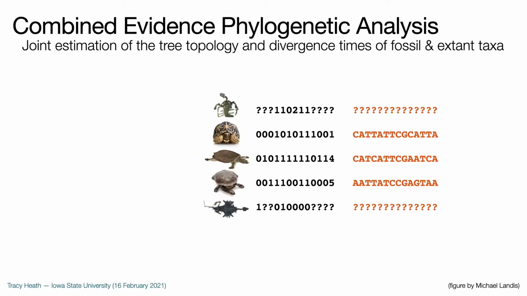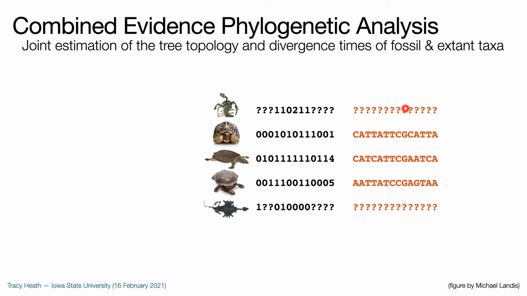For these data sets, we typically have a morphological matrix that contains discrete morphological characters for both the living and the fossil species. And you can see that we often have quite incomplete morphological data for our fossil taxa. And then we can also integrate this with models accounting for our molecular sequence data.